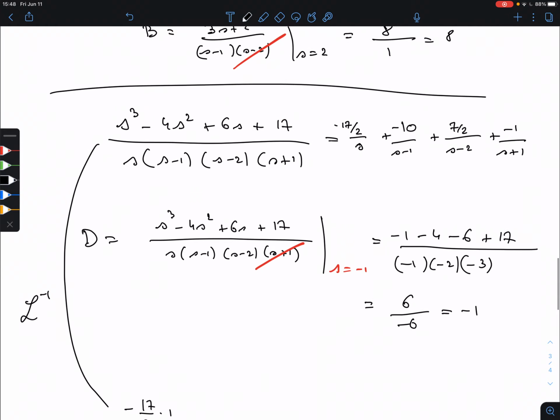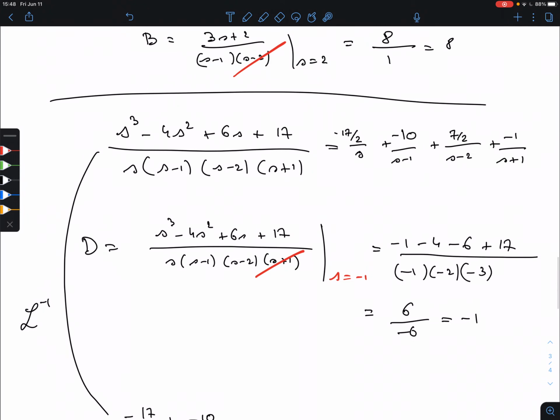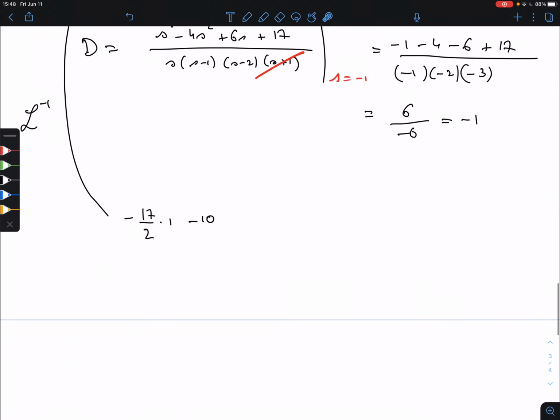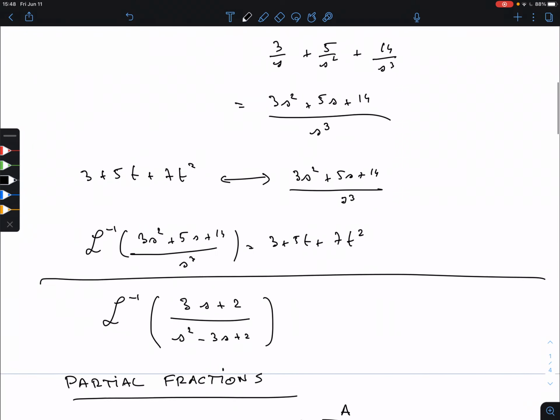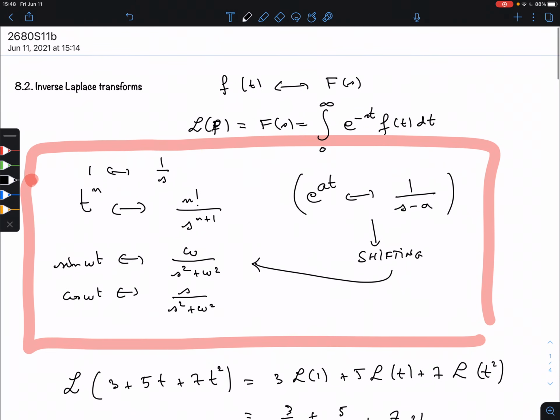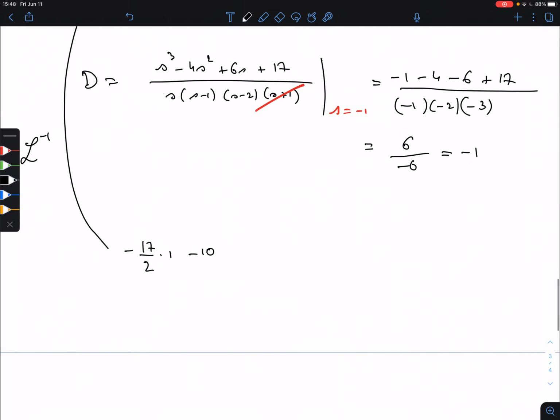Then the next factor is minus 10, and we have to do the inverse Laplace transform of 1 over s minus 1. That's the shift of 1 by this amount.